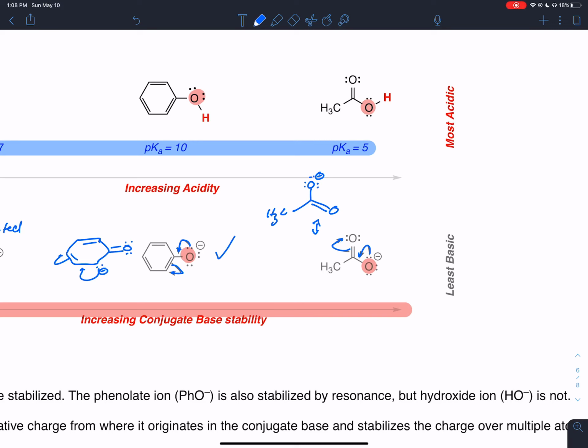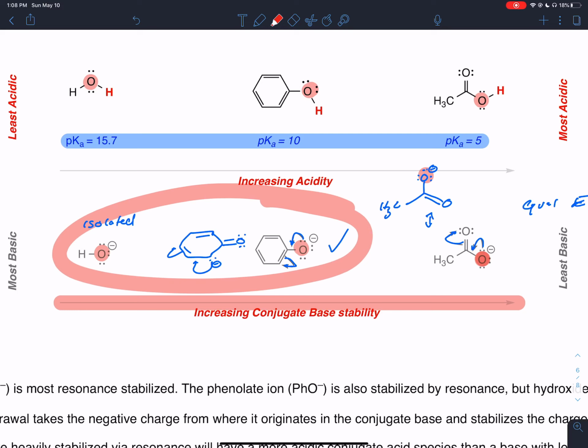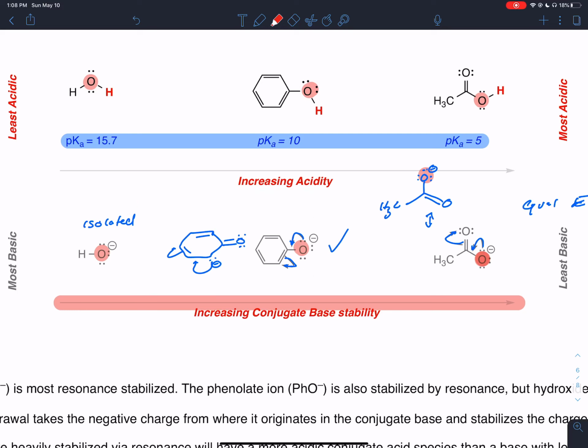They're essentially the same compound, okay? They are equal energy resonance contributors. And you have two oxygen atoms sharing in that negative charge, right? So here, there's a back and forth of this negative charge between the two oxygens and a very effective stabilization of the negative compared to how the negative is stabilized in either of those first two examples.